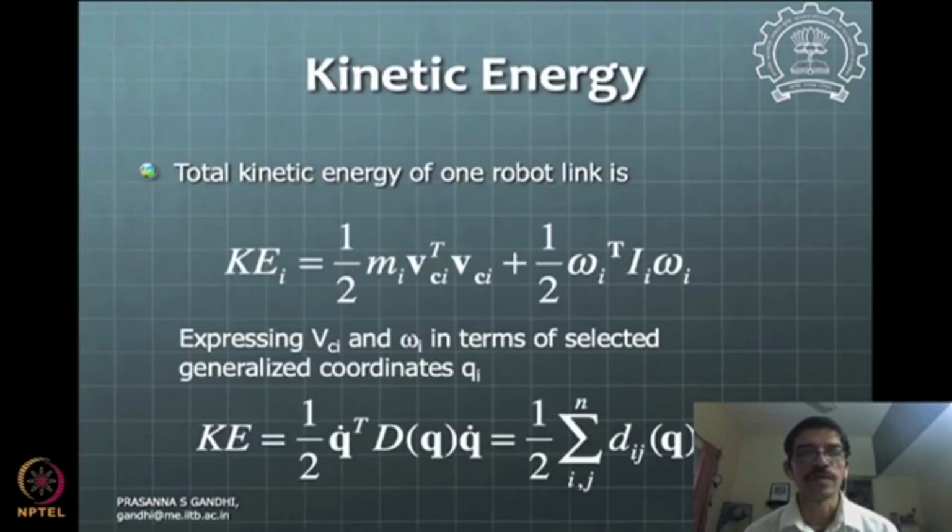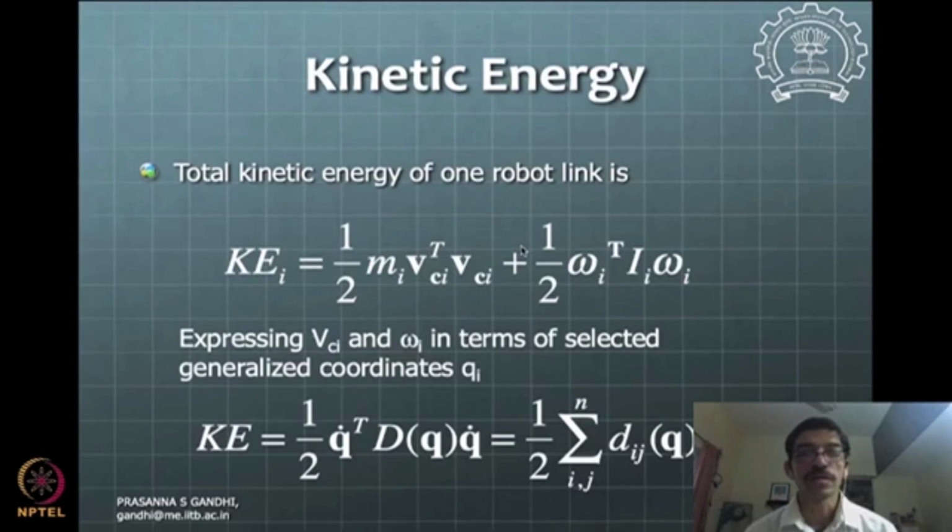For a rigid body, the kinetic energy is expressible in this form. It is the summation over all the mass elements in the system of the velocities of their CGs, and then the inertia of those elements and the corresponding rotational kinetic energy part, with the corresponding omega for that element. The summation over all the different bodies gives the total kinetic energy of the system.